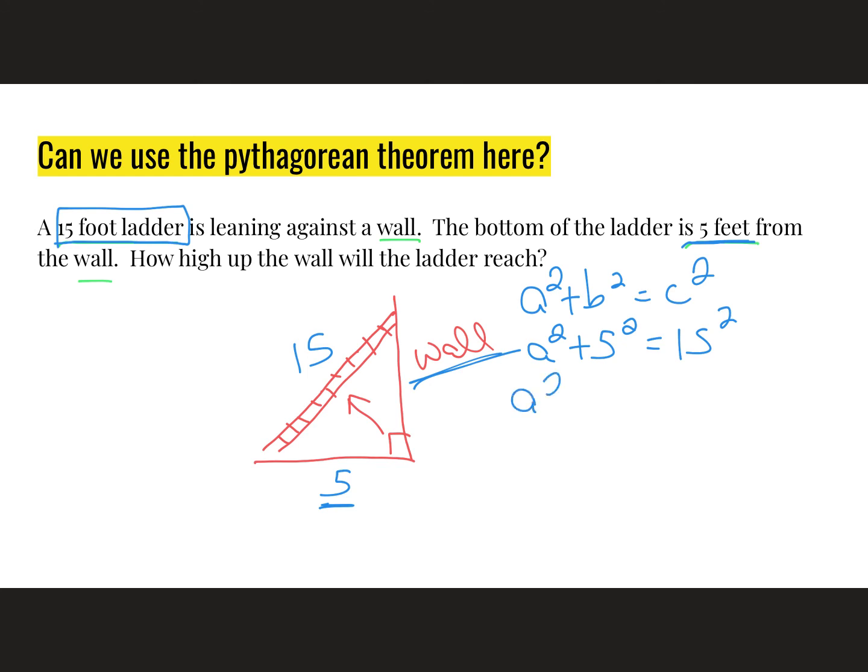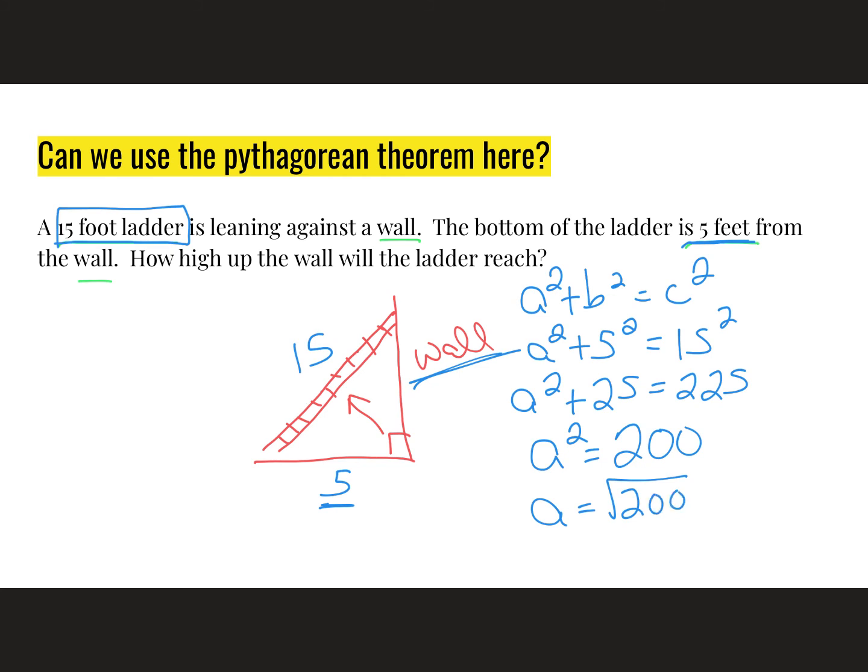So I have a squared plus 25 equals 225. I know 15 squared is 225. If you need to put it in your calculator, do that. We're going to subtract 25 from both sides. So you get a squared equals 200, which means a equals the square root of 200. When I put that into my calculator, it gives me approximately a is approximately equal to 14.1 feet. So that's how high up on the wall my ladder will reach, 14.1 feet.